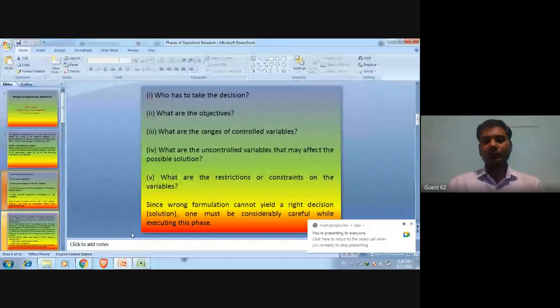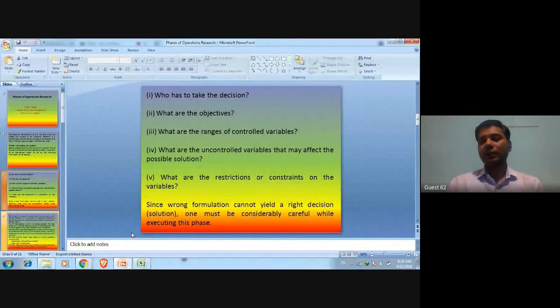For example, let us see one more example. If you are manufacturing chocolate, then you have decided a target of using 100 kilogram sugar, 100 kilogram chocolate beans, and 50 kilogram flavor. These three items you are using to manufacture chocolate.